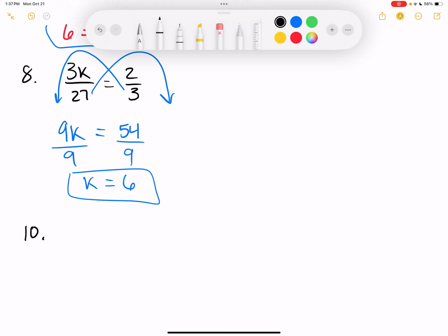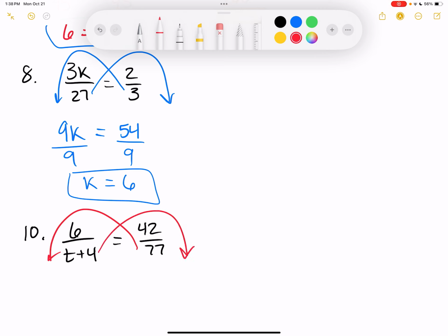Ten. 6 over t plus 4 equals 42 over 77. Whoa. Here we go. So notice, well, 6 times 77, we can do that. So 462 equals, now notice, this is t plus 4 times 42.